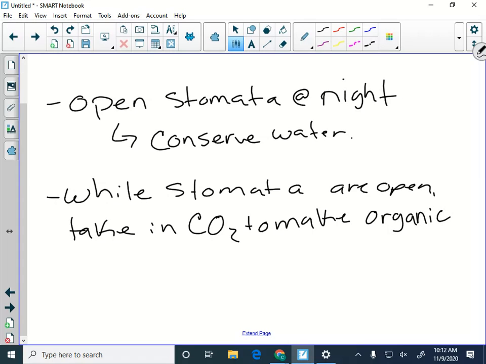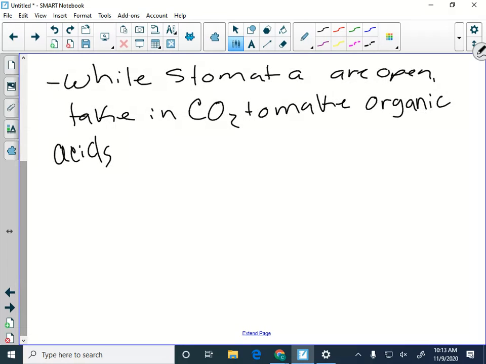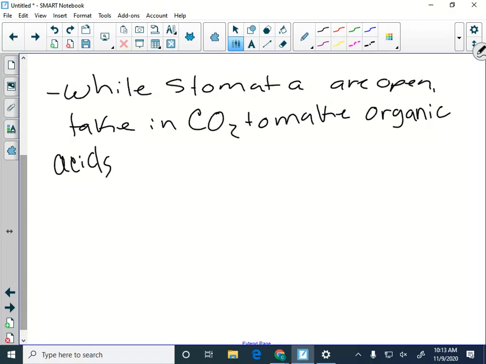Because we have to have a way to store this carbon dioxide until the light reactions start up the next day, because they can't work independently of one another. The Calvin cycle relies on the light dependent reactions for those electron carriers, right? So they can't happen independently of one another. They interact with one another. So we have to have a way to have carbon dioxide for the Calvin cycle to work during the day when the light reactions are going. They do this by opening their stomata at night, using CO2 and making organic acids.